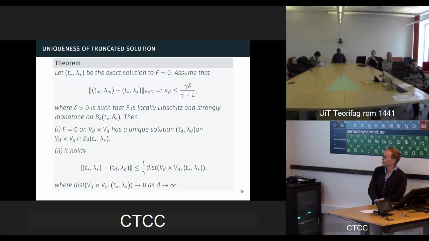And moreover, we have this estimate between the exact solution and the truncated solution, again given by these constants from monotonicity and Lipschitz continuity. And this goes to 0, of course, as the truncated space approaches the full space.